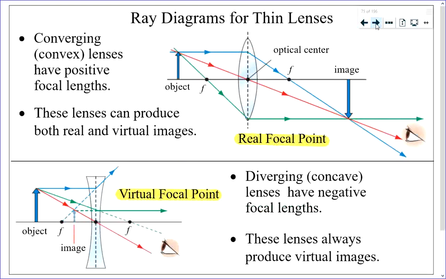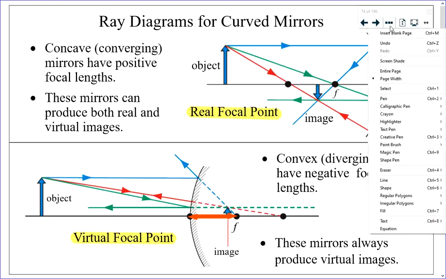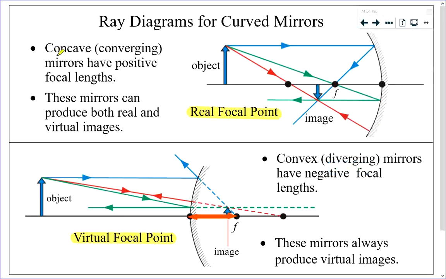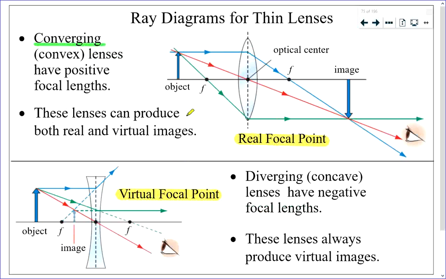The same is true, of course, for lenses. Converging lenses have positive focal lengths. Diverging have negative focal lengths. So the bottom line is any converging device has a real focal length. Converging devices have real focal lengths.